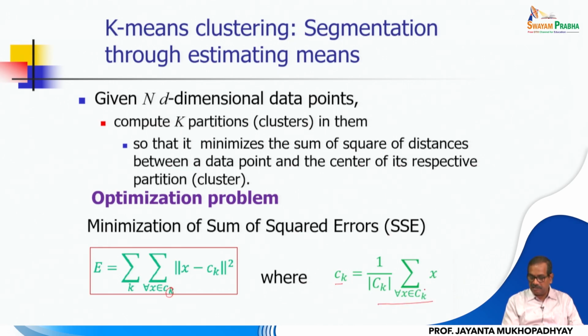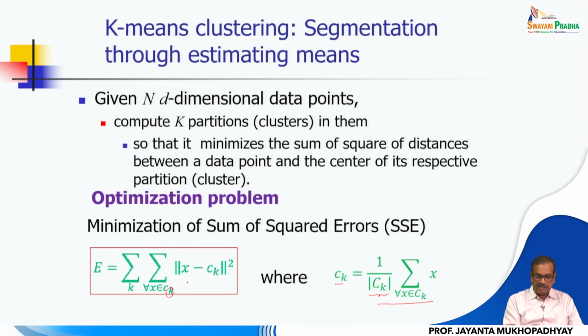This is a partition of data points for the kth cluster, and you are considering the average of all such data points. This is the cardinality of the set, that is, the number of points in that cluster. If we take the average, that is the center.